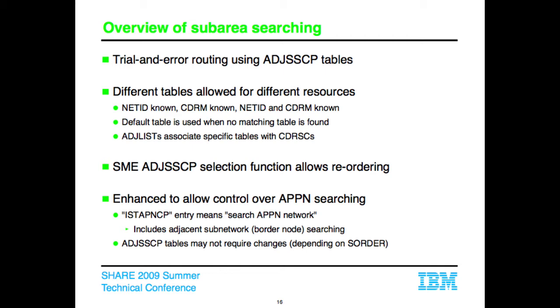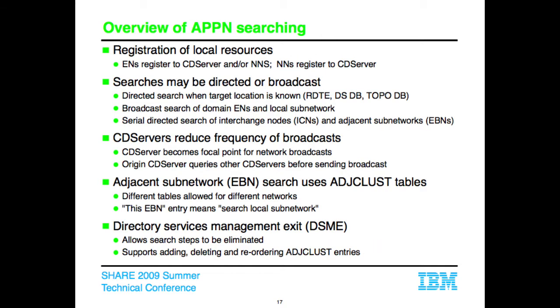Sometimes you don't have to code it yourself because VTAM will add it automatically to the table under many conditions. So adjacent SSCP tables may or may not require changes depending on what search order you choose, which we will talk about again later. But in general, that's the way the subarea side controls things when it passes the search request over to the APPN side.